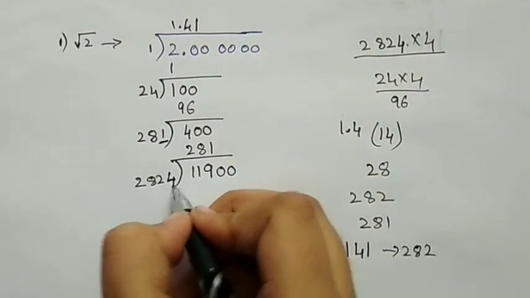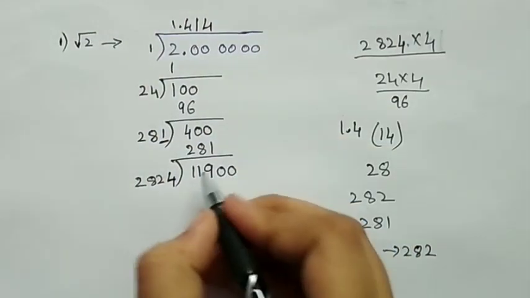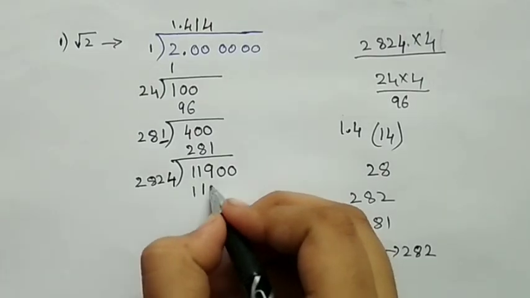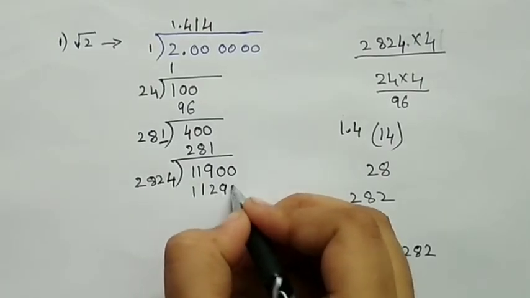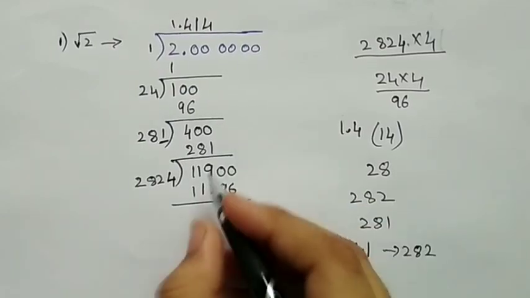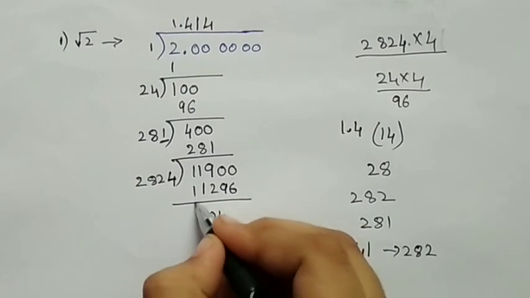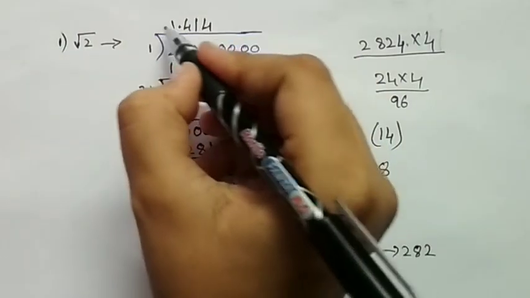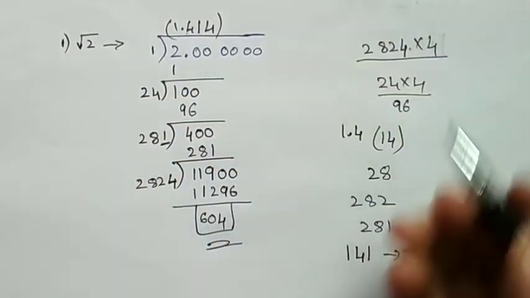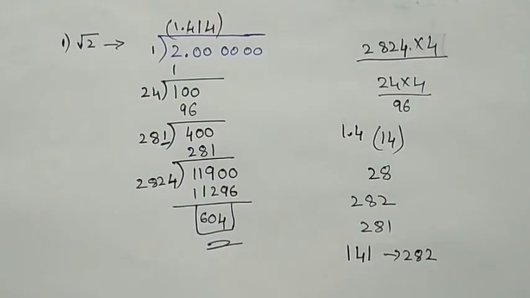Now, I'll take a 4 here and a 4 here. I get 11296. Now, 604 is the remainder. Let's stop here as we got 3 decimal numbers.